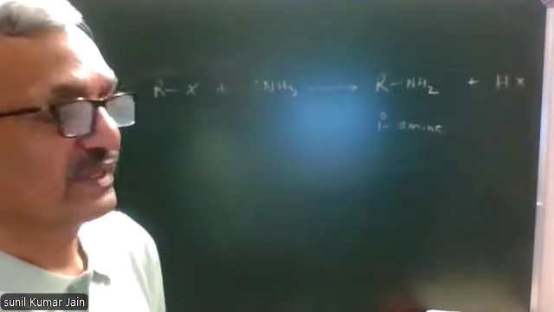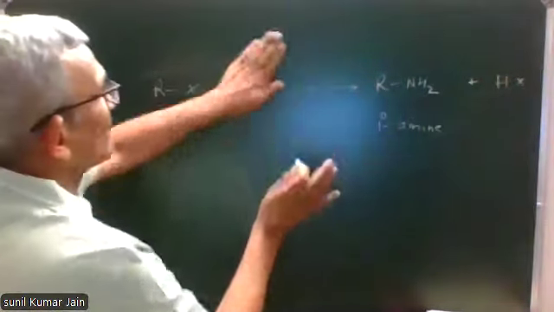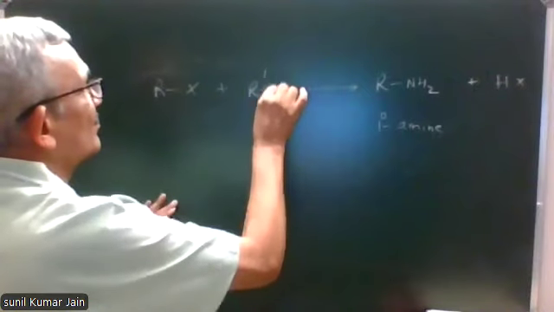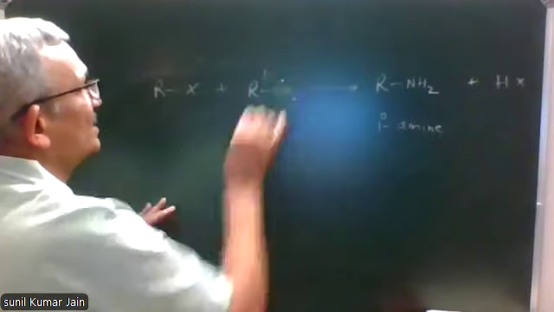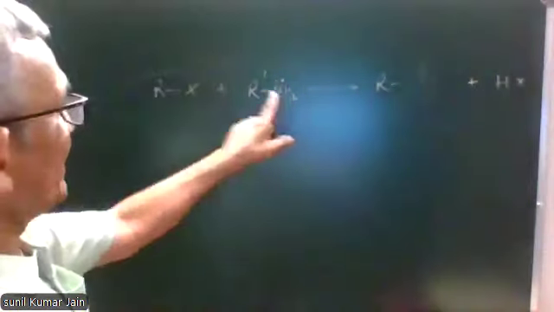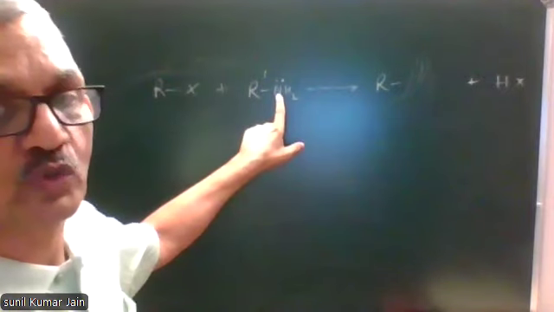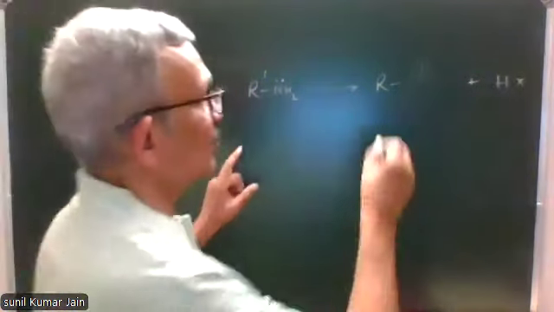Reaction number 5, reaction with primary amines. This is a primary amine. When a primary amine attacks an alkyl halide, a bond will be formed through nitrogen because nitrogen carries a lone pair of electrons.